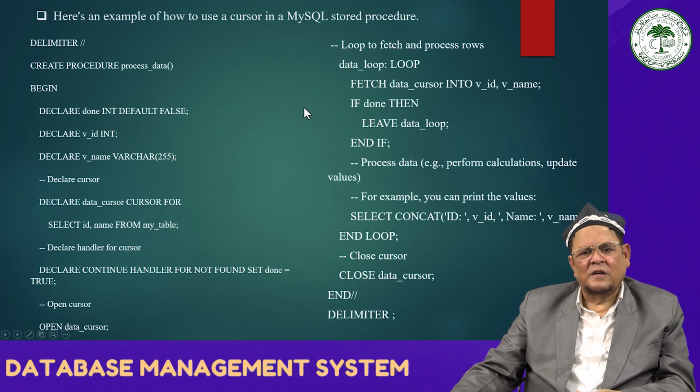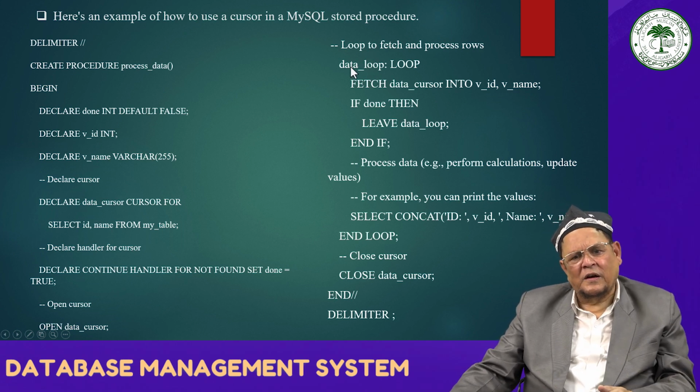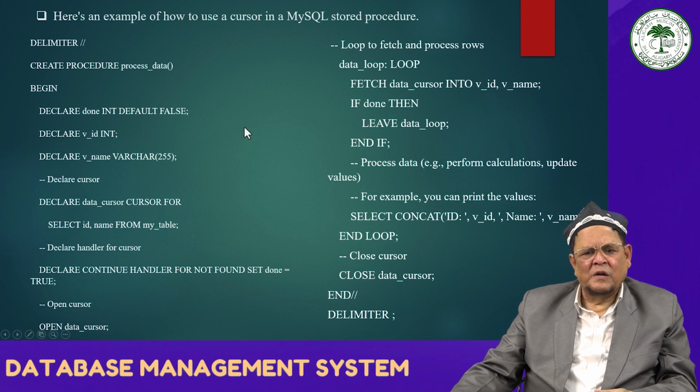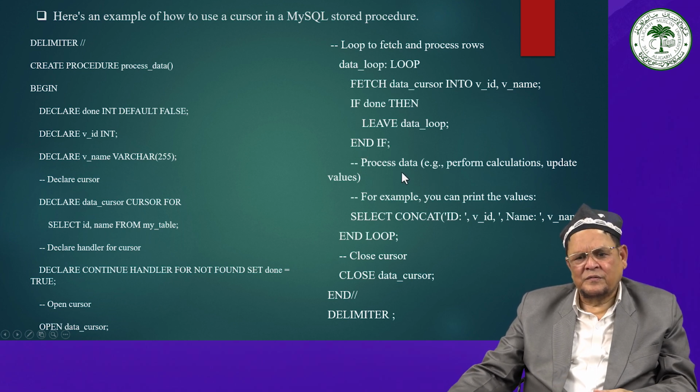Then the loop: in the loop it will fetch and process rows. How will it fetch? This command, data_loop, is called loop: fetch data_cursor into vid, vname. If done, then leave data_loop, otherwise process data: calculation, updation, deletion, whatever.